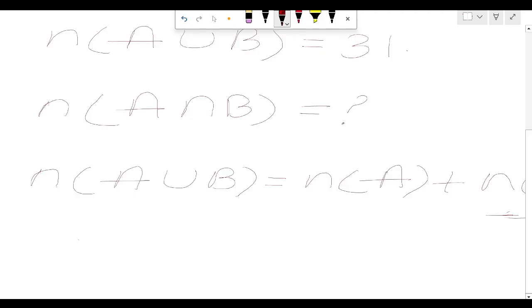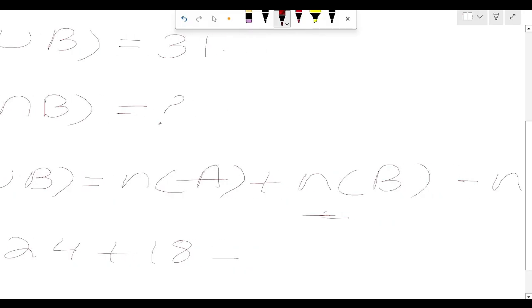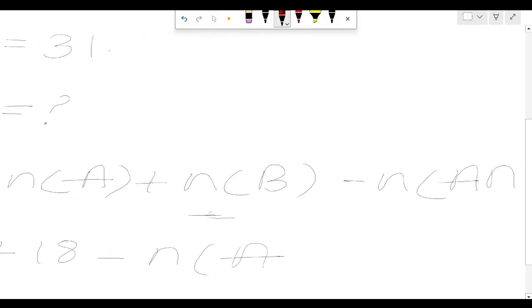So A union B is equal to 31, A is equal to 24, and B is equal to 18. So 31 is equal to 24 plus 18 subtracted from what? N of A intersection B.